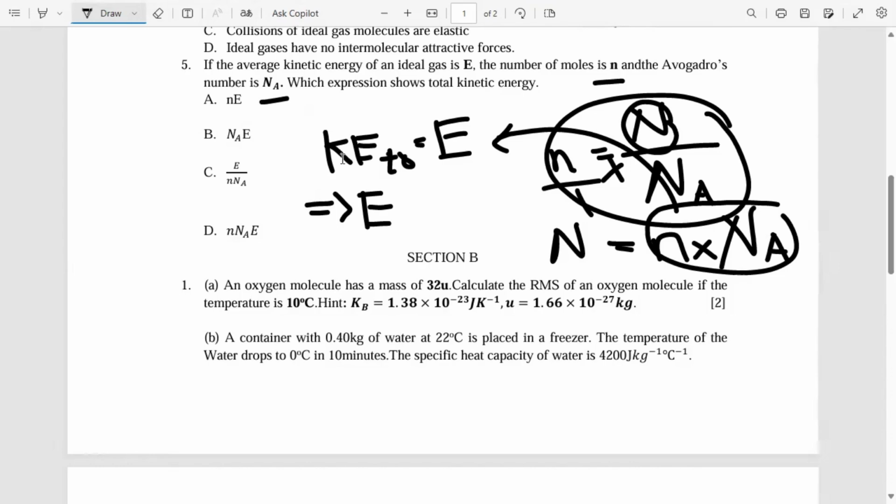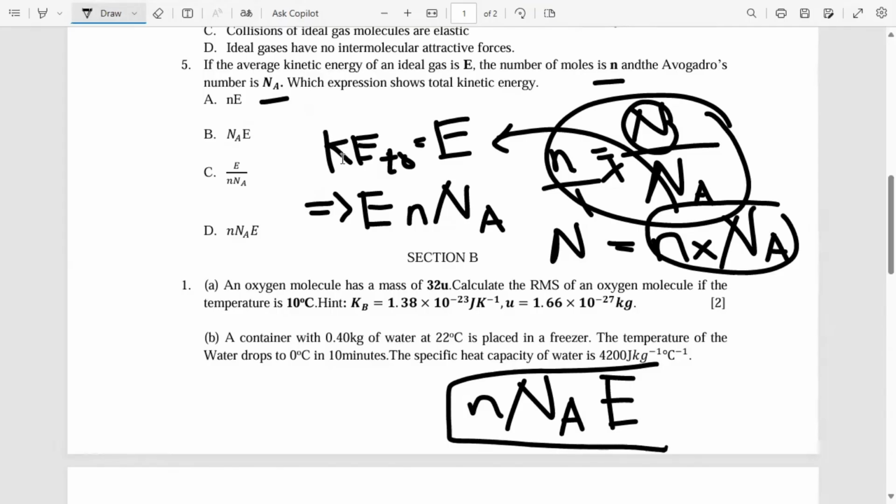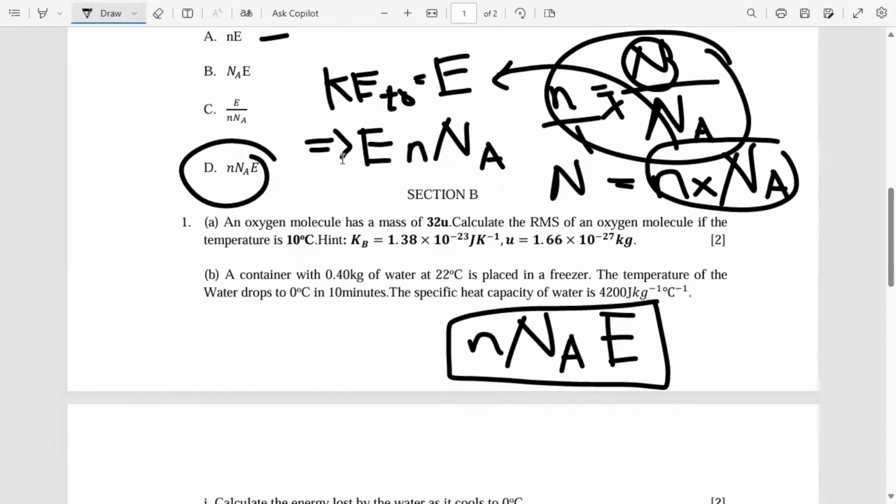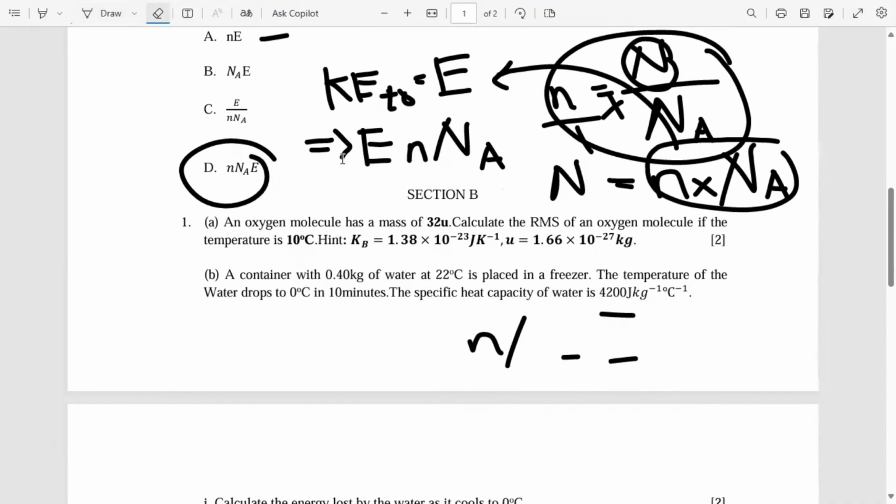So our formula will be E N Na, which is the total number of molecules multiplied by the average kinetic energy per molecule. So our correct option here is option D. Question 5, our correct option is option D. As simple as that. Now let's go to section B.